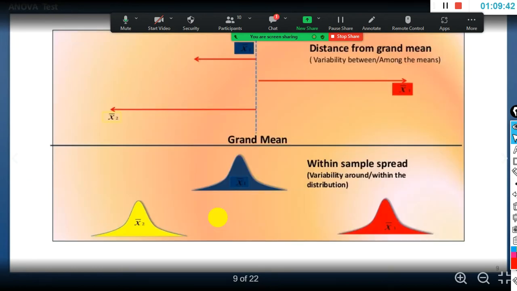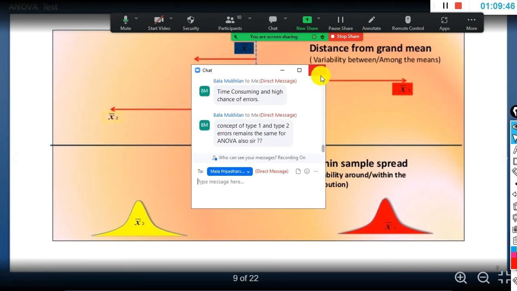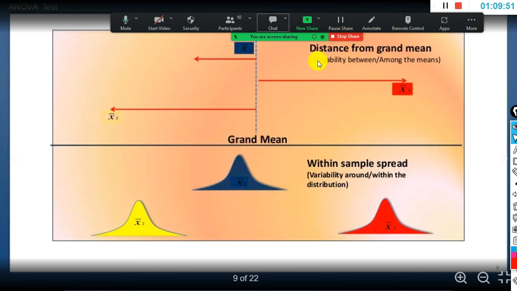To understand the formula that you need to use to find the F statistic, let us not jump in first, let us go step by step. Here x1 bar falls exactly on the grand mean, and you need to find the distance from the grand mean.